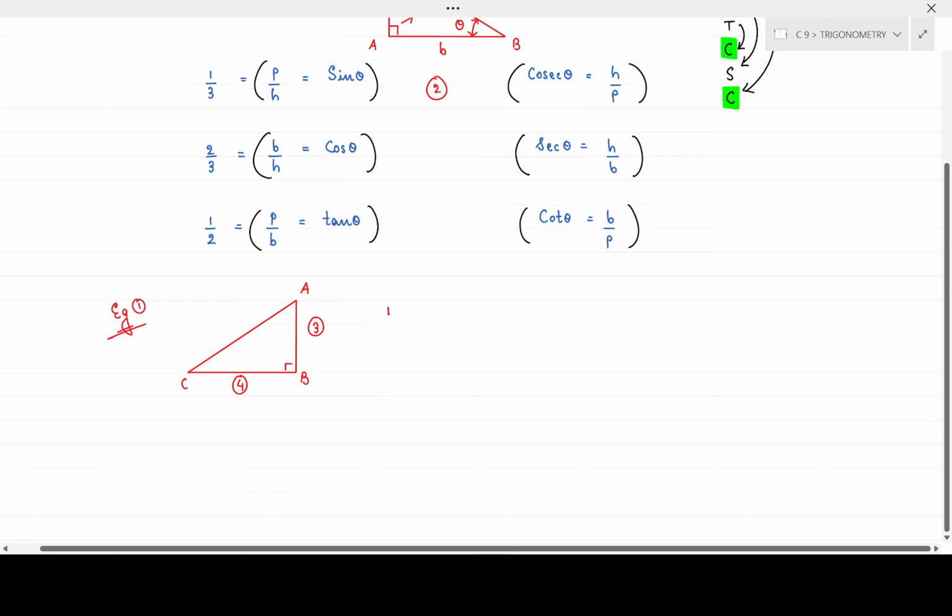You are supposed to calculate the value of sin A, then cos A, then cot A, then sec C, cosec C, and finally tan C. These are the values to be calculated.